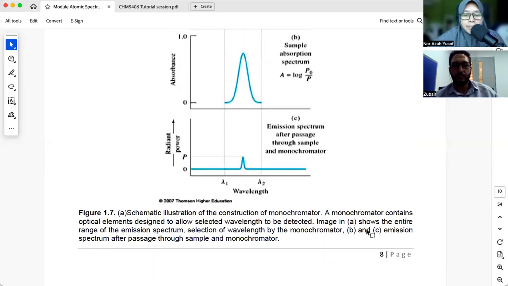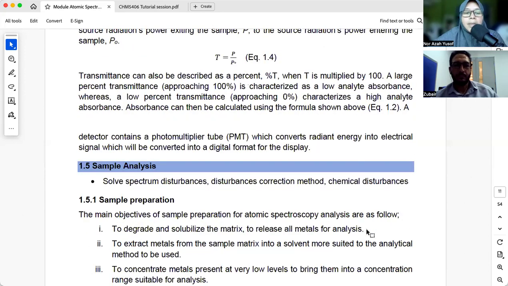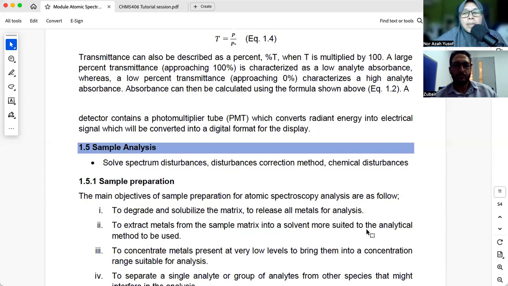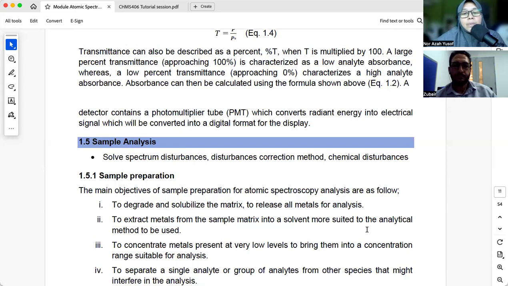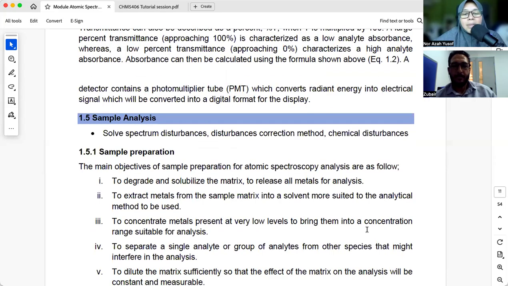All right, so this is the detector, and the most important, you did ask about what kind of solvent you need to use for the analysis. For AAS, it has to be in aqueous form. So if your sample is not in aqueous form, you have to do some extraction process.